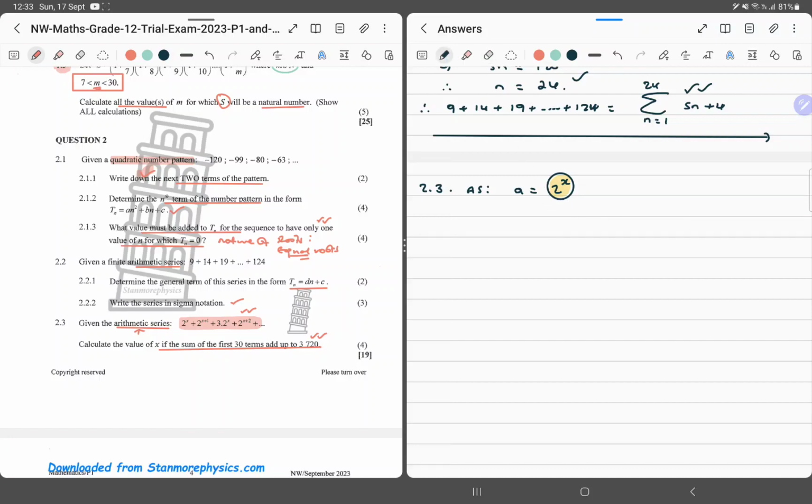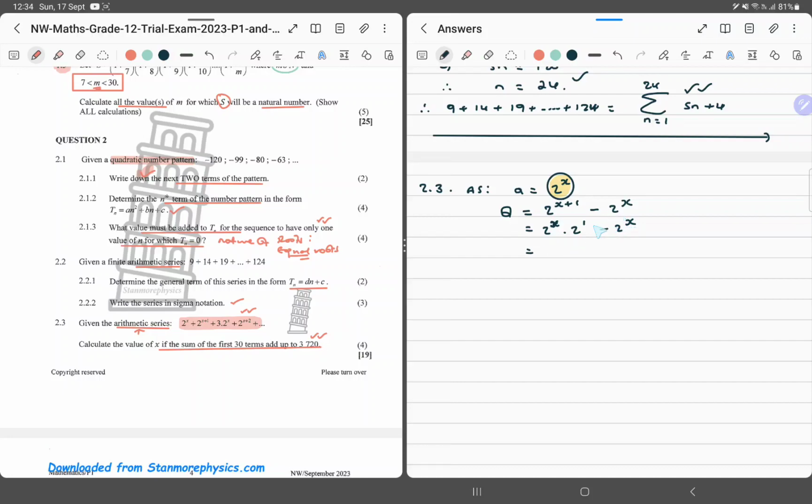That is our first term. And then what would be our difference? The difference is going to be the next term, 2 to the exponent x plus 1 minus 2 to the exponent x. Okay? Now you know the rules of exponents says if you've got that complex exponent, it means you had 2 to the exponent x times 2 to the 1 minus 2 to the exponent x.